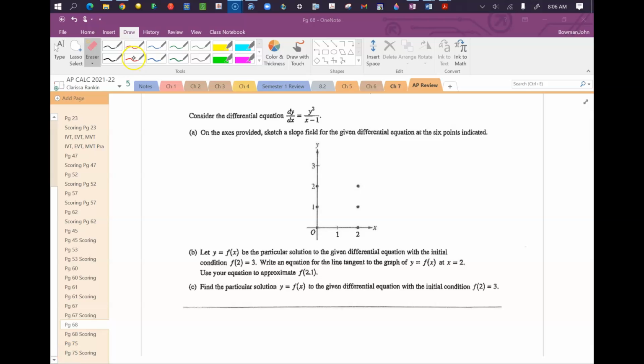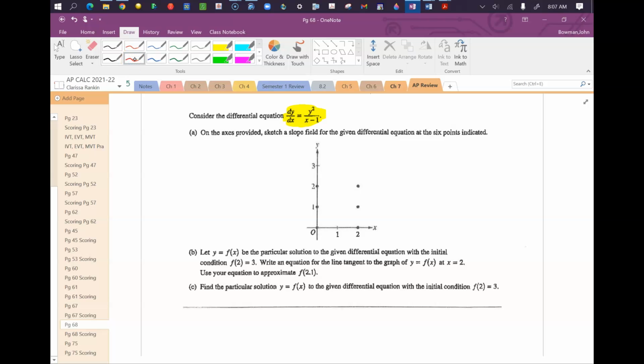Hi everyone, Mr. Bowman, and in this free response problem, we're going to focus on slope fields and differential equations. So the differential equation is given to us, and in part A, we need to sketch a slope field for the given differential equation at the 6 points indicated.